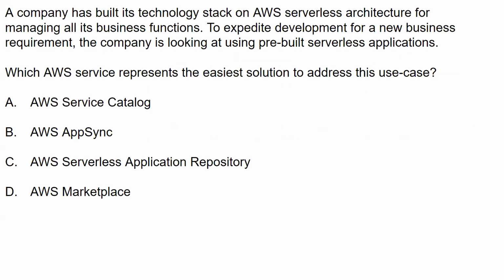Let's do two more. A company has built its technology stack on AWS serverless architecture for managing all its business needs to expedite development for a new business requirement. The company is looking at pre-built serverless applications. Which AWS service represents the easiest solution?